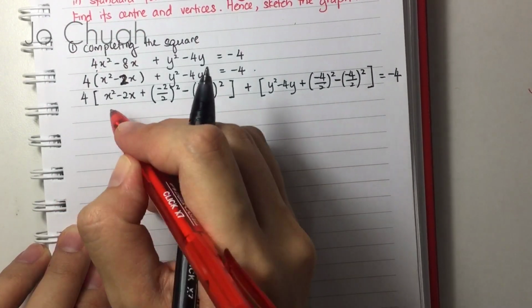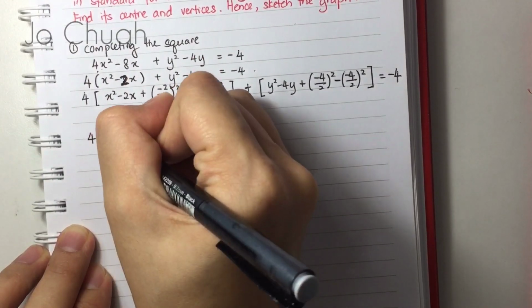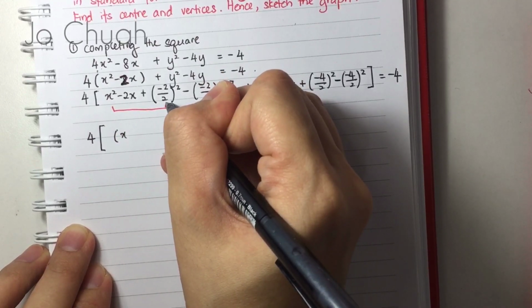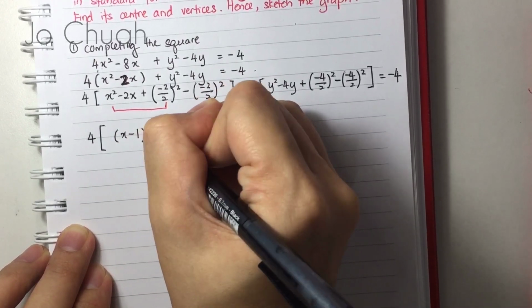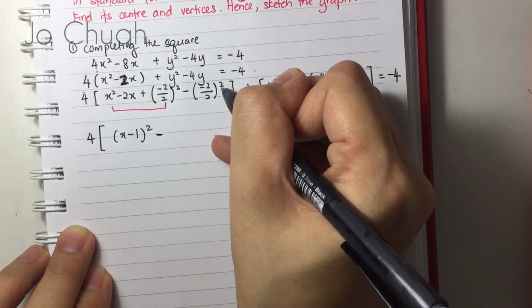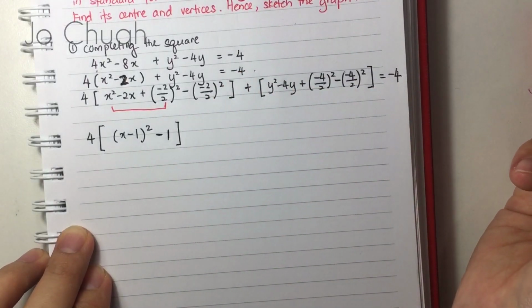So we're going to take only the first term and the third term. For x, negative 2 over 2 will be negative 1, so x minus 1 squared minus negative 1 squared, 1. That's for the x part.